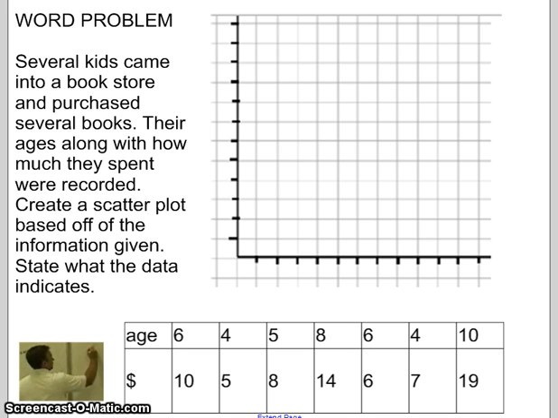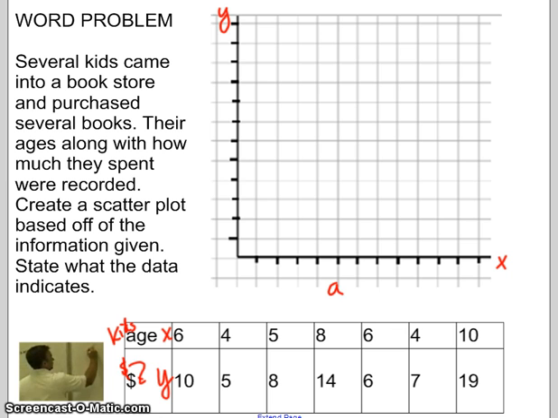So we have the ages of the kids, and we have how much money they spent. Here's our x axis, here's our y axis. Possibly age could be x and money could be y.